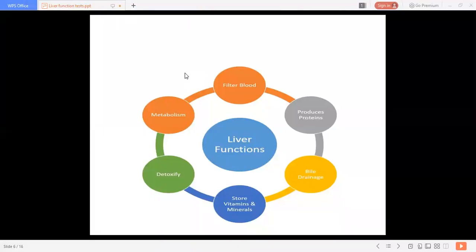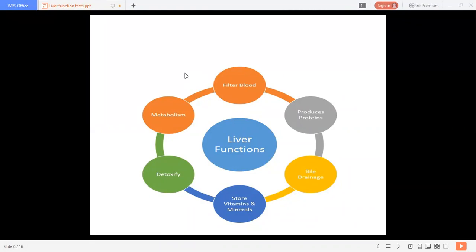Now, the levels of albumin can be affected not only by liver disease but also due to nutritional deficiencies.